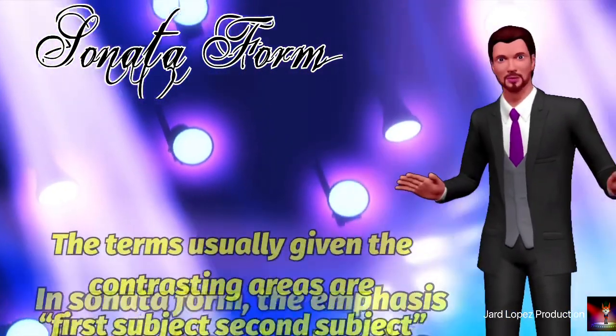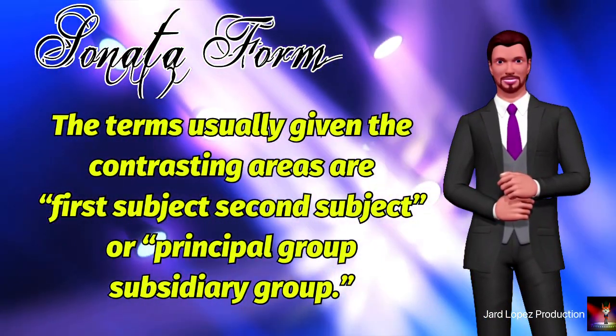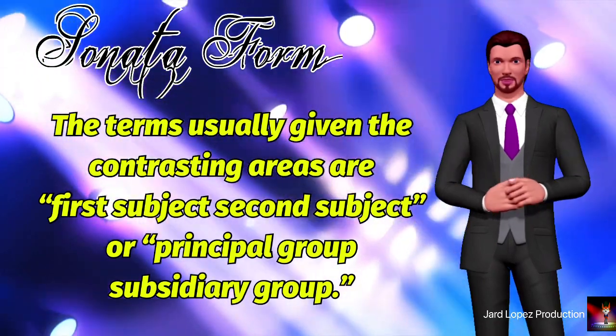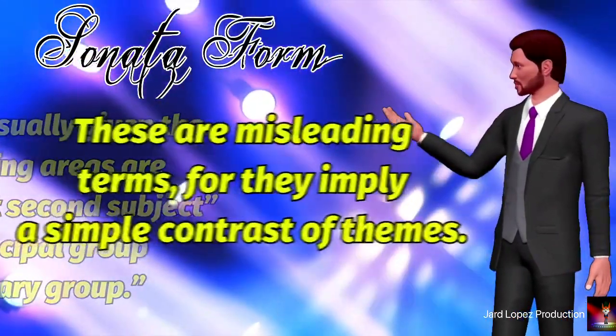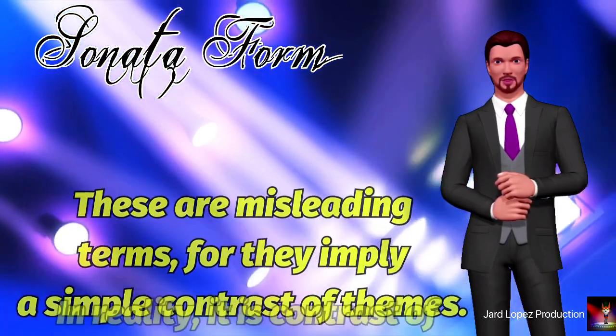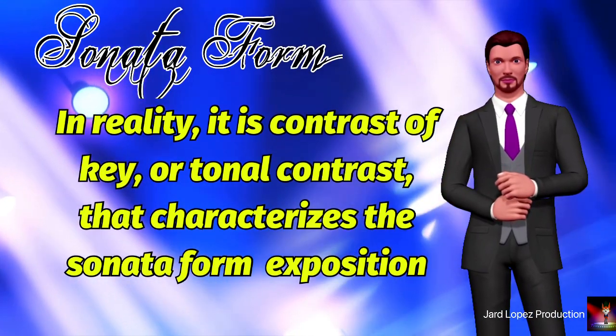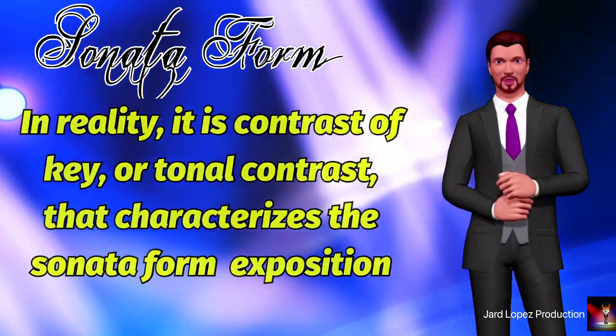The terms usually given the contrasting areas are first subject or second subject, or principal group and subsidiary group. These are misleading terms, for they imply a simple contrast of themes. In reality, it is contrast of key, or tonal contrast, that characterizes the sonata form exposition.